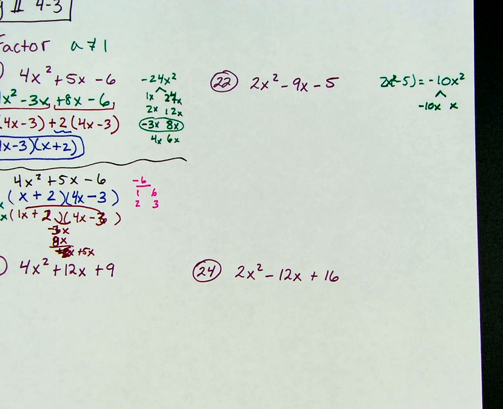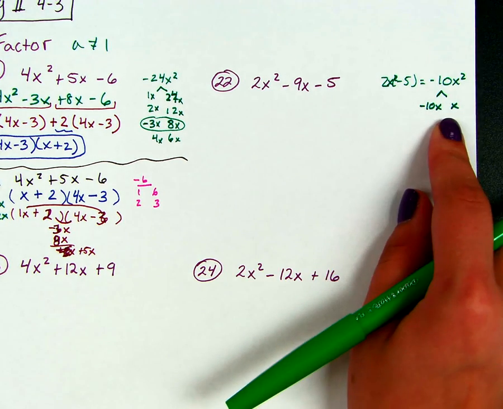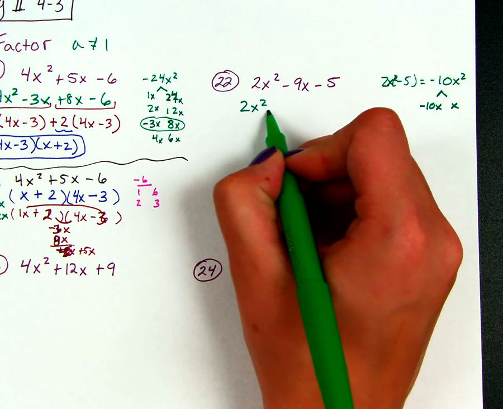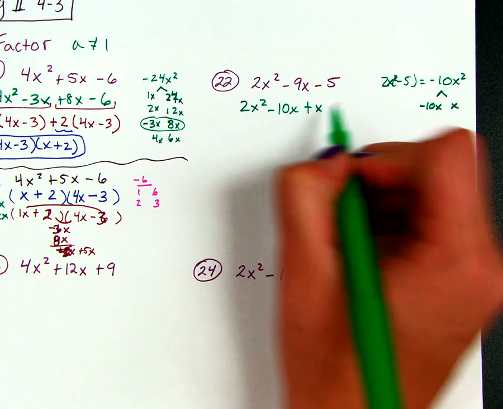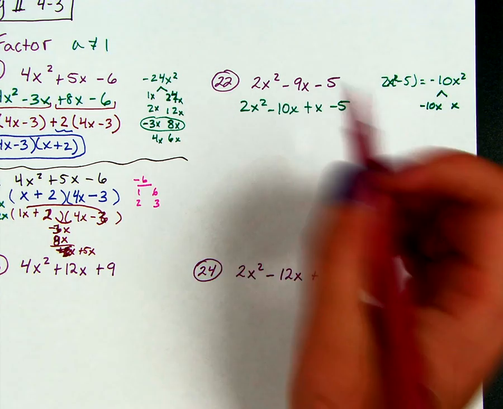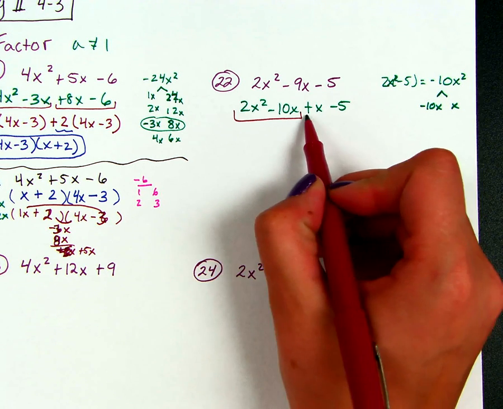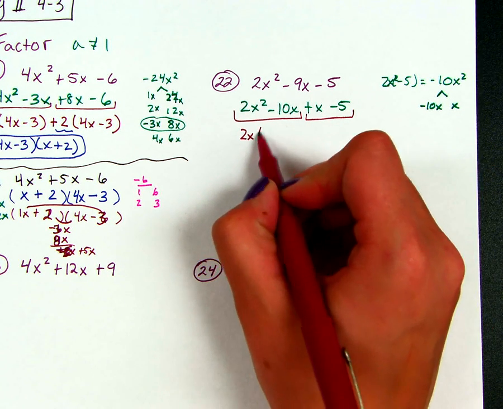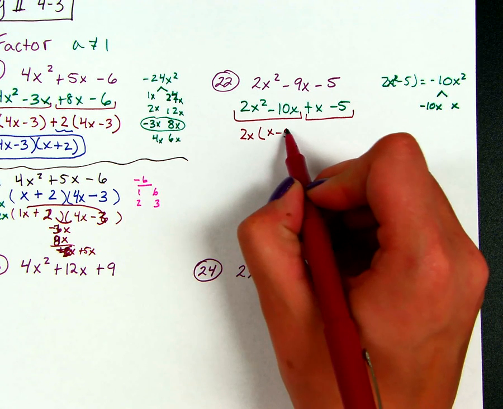So now I'm going to replace this with my new set of factors. So we'll have 2x squared minus 10x plus x minus 5. And then again, we're going to group the first two terms and the last two terms. So from our first two, we can factor out a 2x, and then we would have x minus 5 left.